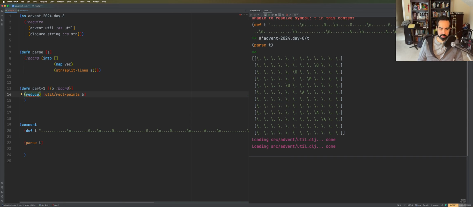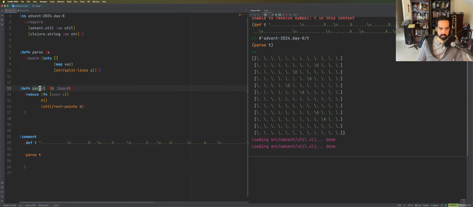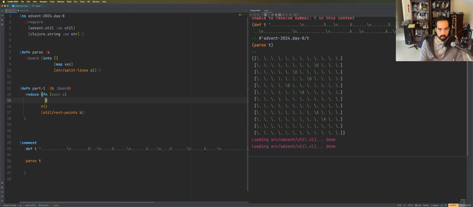Maybe transduce, we'll see. With an empty set, so these are all of what we've seen. And a point P. This is going to be slow. But we all know my MO at this point, right? Slow is okay.